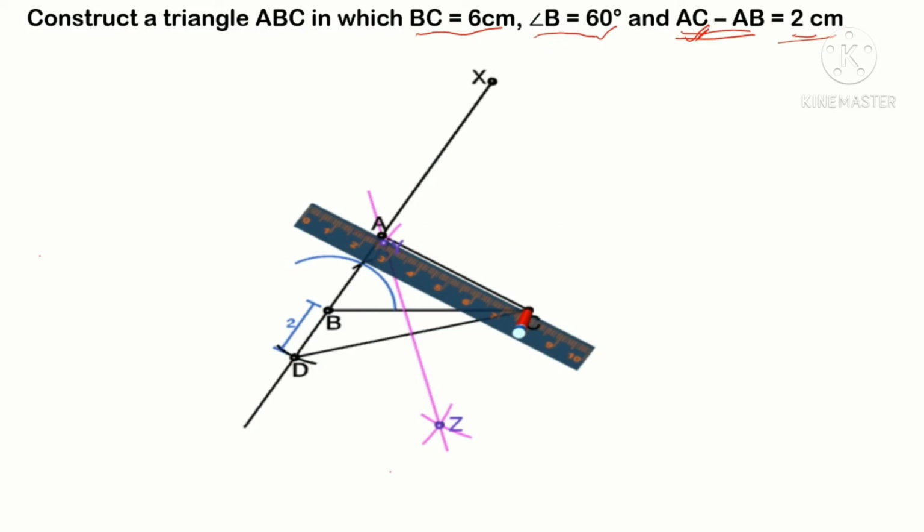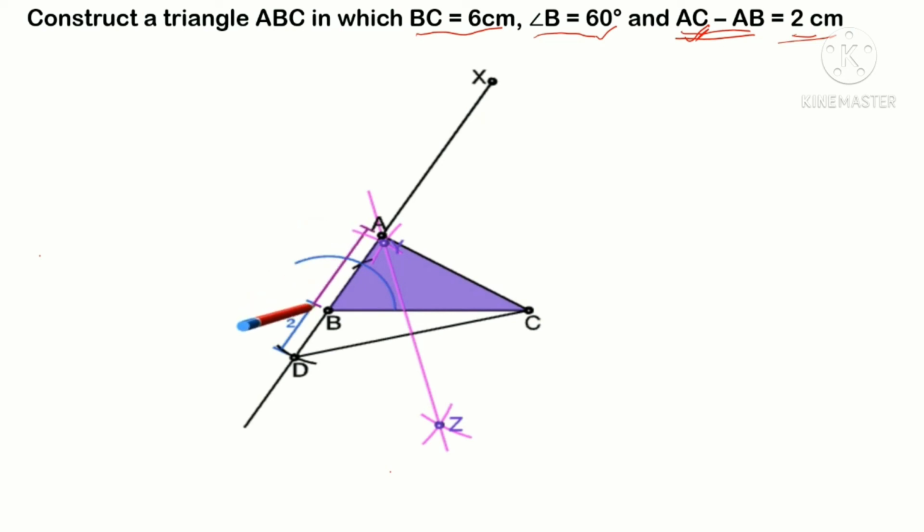See, just join AC. And now ABC is the required triangle. You can just confirm it by measuring the sides. Visually also it is clear that AC is greater than AB. And by measurement also, mathematically also, we are proving 5.2 minus 3.2 is 2 centimeter. So yes, correct. We got the figure correct.